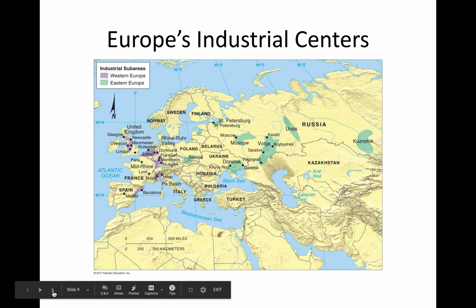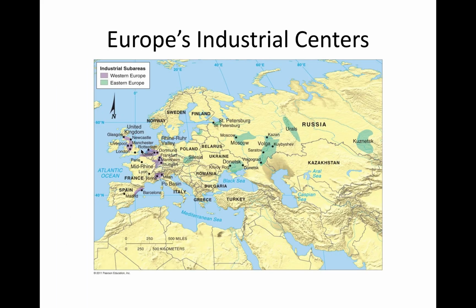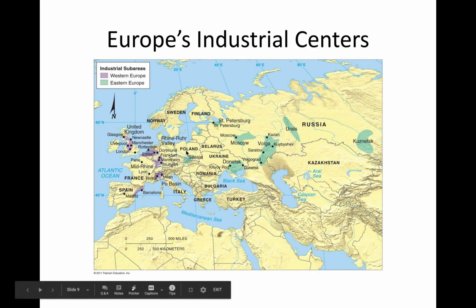We can see the nodes of industrial production within European regions. And there's also been a shift of industrial regions from Western Europe to Eastern Europe because of site factors, cheaper labor. They also have more high-skilled labor in Eastern Europe than other parts of less developed regions.